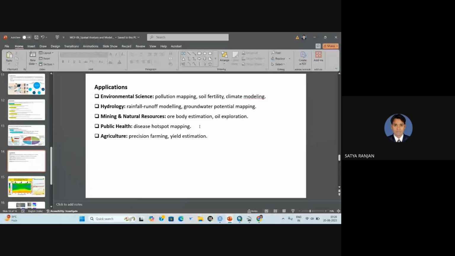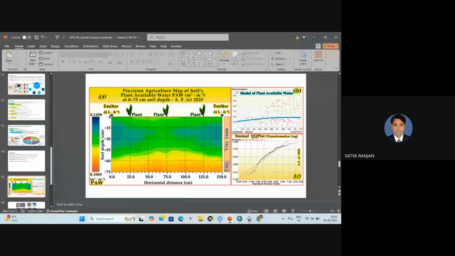This is one of the agriculture applications, using various parameters with different distances, latitude, longitude information, and different samples collected, giving different graphs and images.